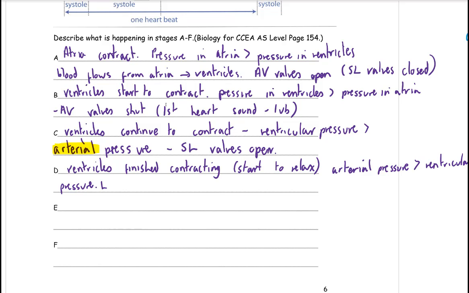So the semilunar valves close, and that makes the second heart sound, which is the dub.